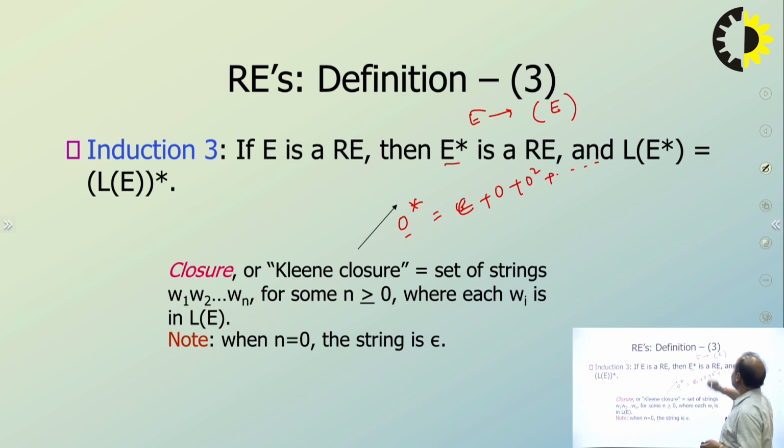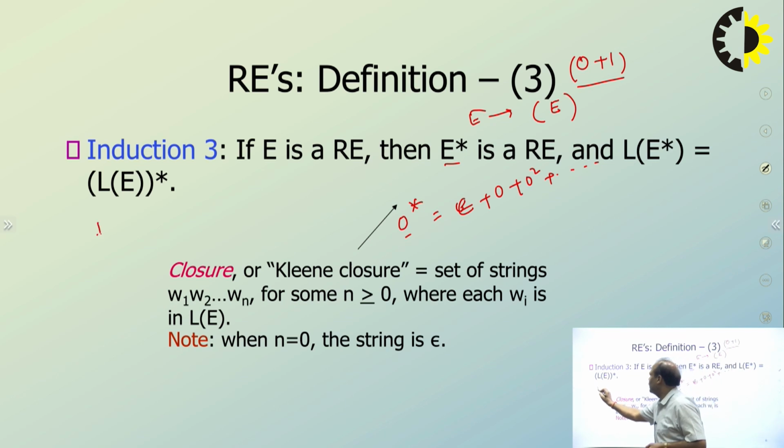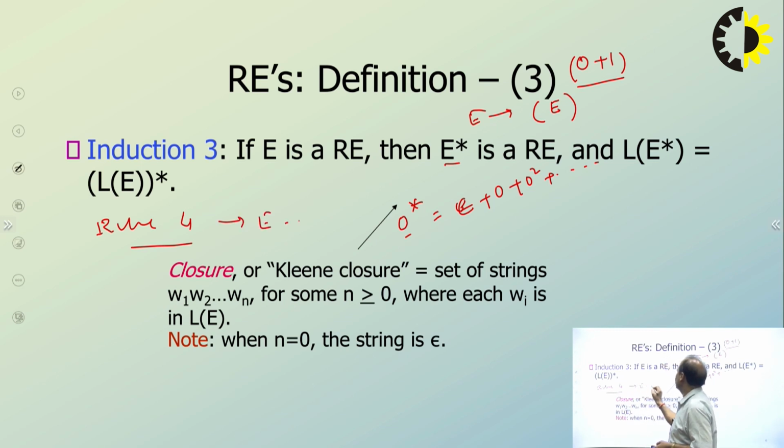If 0 plus 1 is a regular expression, then the parenthesization of 0 plus 1 is also a regular expression. So this is rule number 4: if E is a regular expression, then the parenthesization of E is also a regular expression.